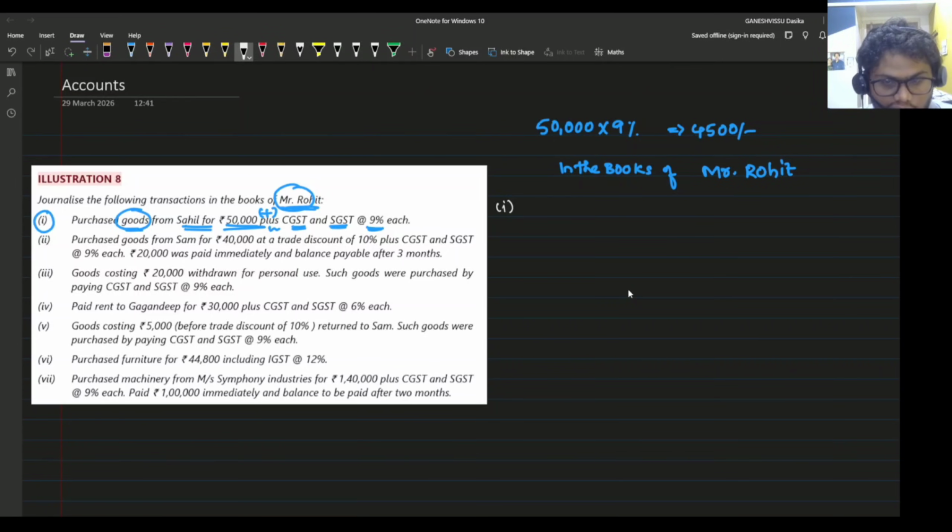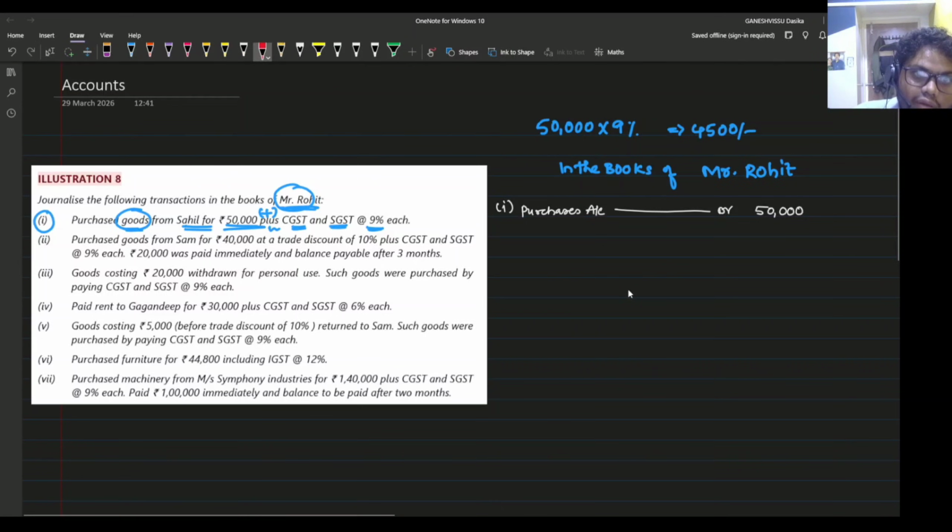As this is the purchase of goods, we write purchases account debit, for the amount of 50,000 for which he purchased the goods. We are also required to maintain the CGST and SGST values.